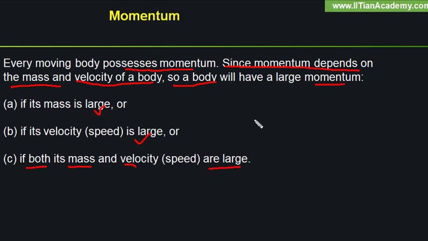Remember this formula: momentum is equal to mass into velocity. So momentum of an object B will be large if either its mass is large or its velocity is large, or both.